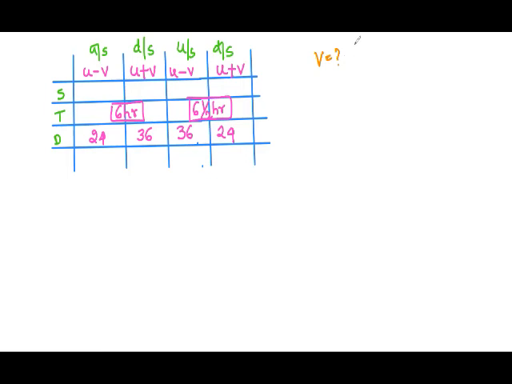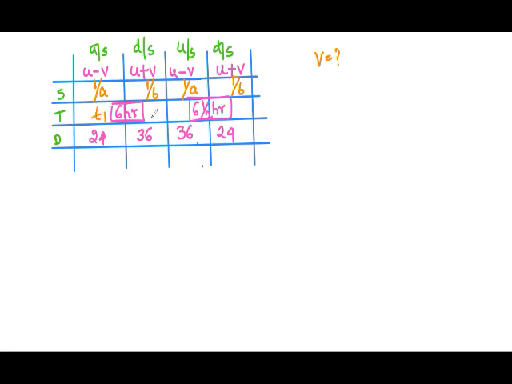For this type of problem, for simplification we take u minus v equal to 1 by a, and u plus v equal to 1 by b, for both cases.